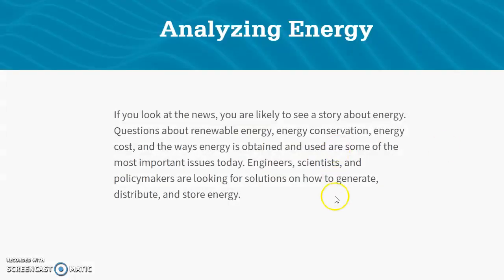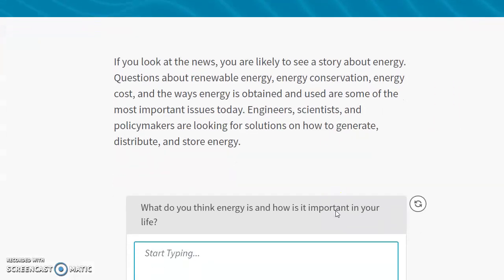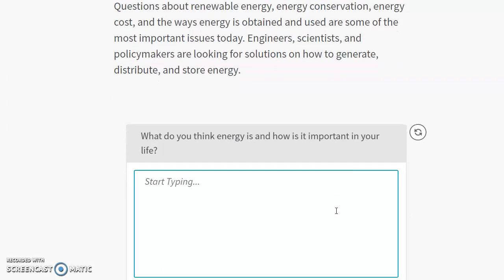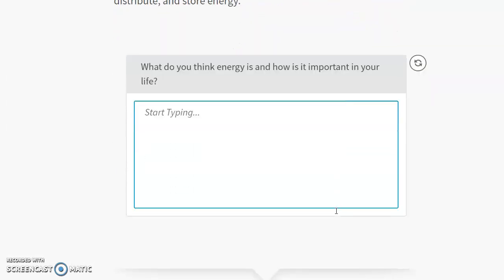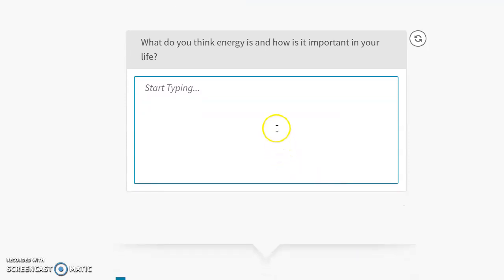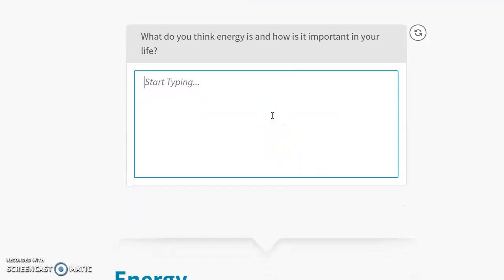Exploration 1 is going to analyze the different types of energy. You can talk about renewable energy, energy conservation, energy costs, how people use energy, how they make policies. What do you think energy is and how important is it in your life? So you guys can just write what you think energy is. I think energy is something that people use to help them accomplish different things.